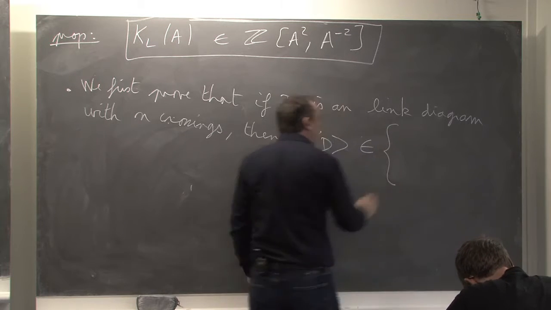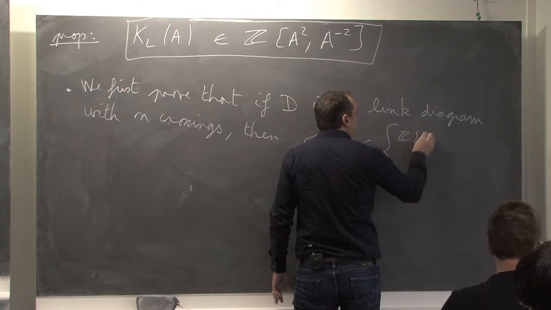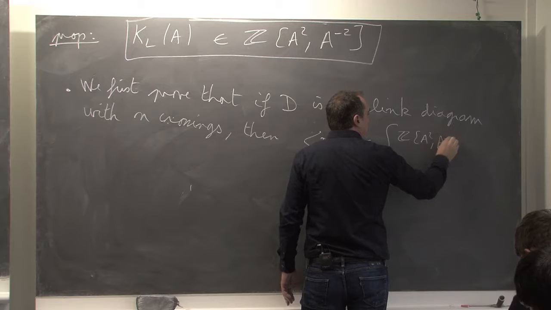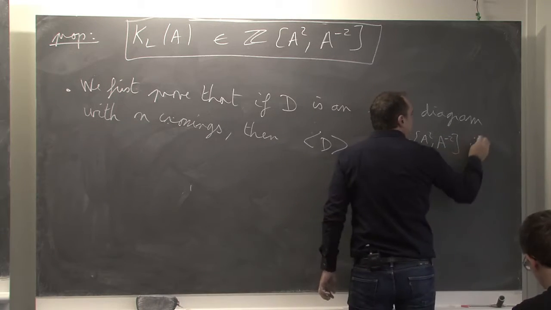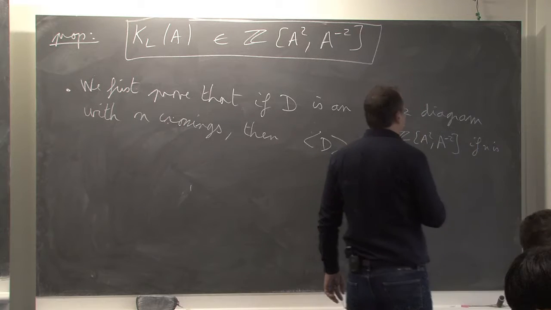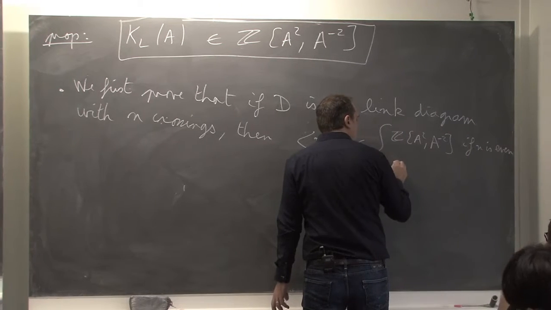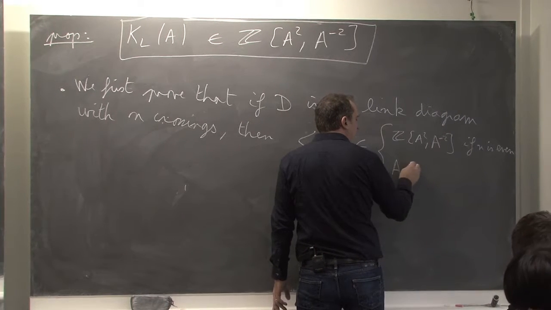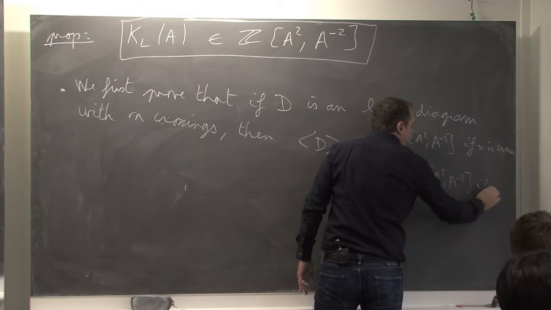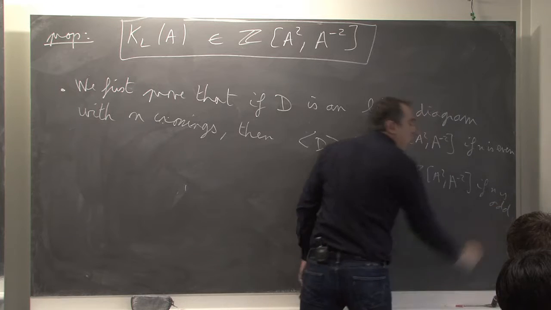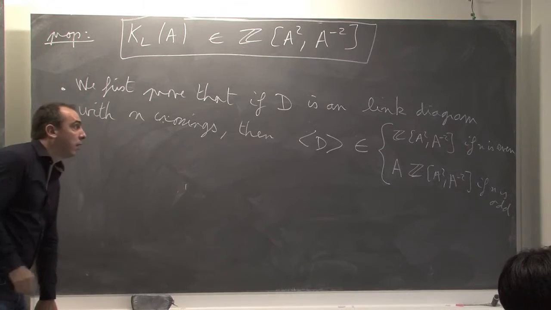So either Z of A square, the Laurent polynomials in A square, if n is even, or it belongs to A times Z of A square if n is odd. Okay, let us check this.